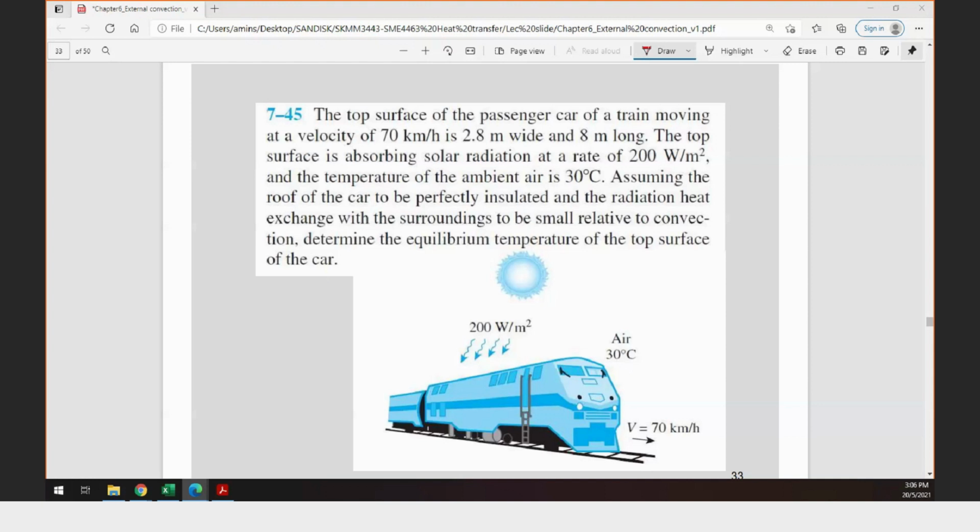Table in A-30: saturated water, saturated air, atmospheric air.